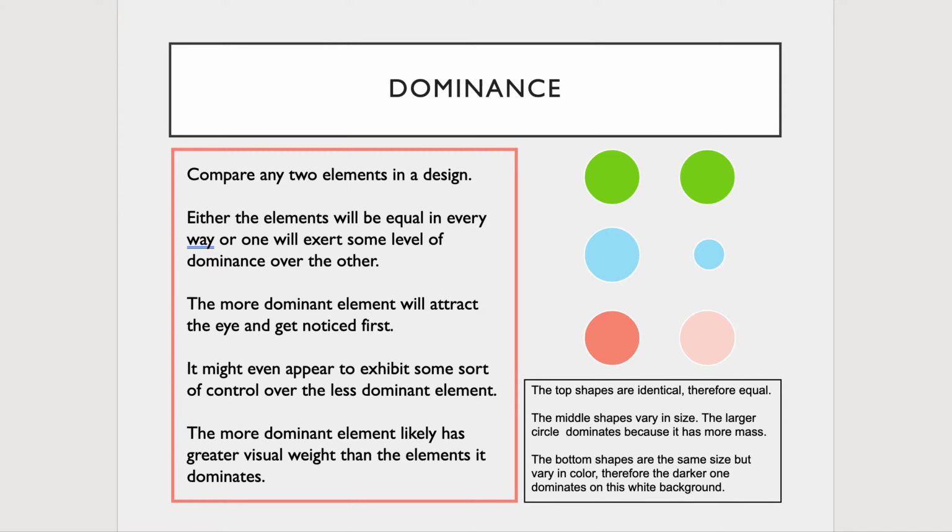It may appear to exhibit some sort of control over the less dominant element, but it doesn't have to. In general, the more dominant element usually has a greater visual weight than the elements that it dominates. And here, example. The two top shapes are identical, therefore equal. There's no dominance.